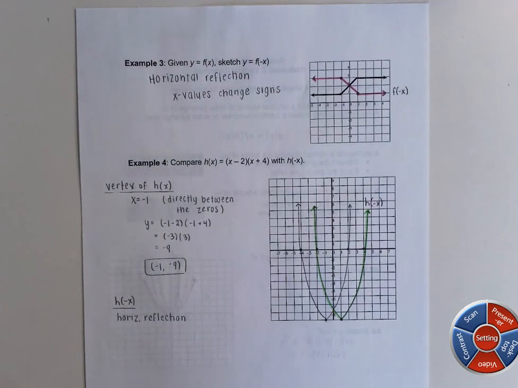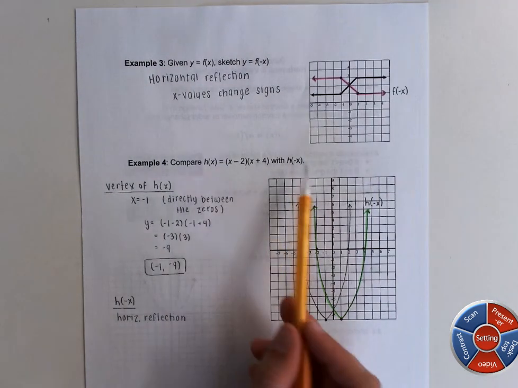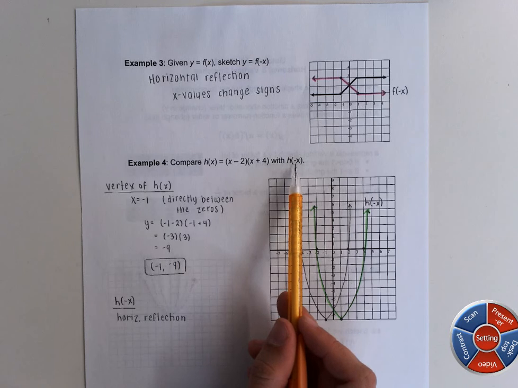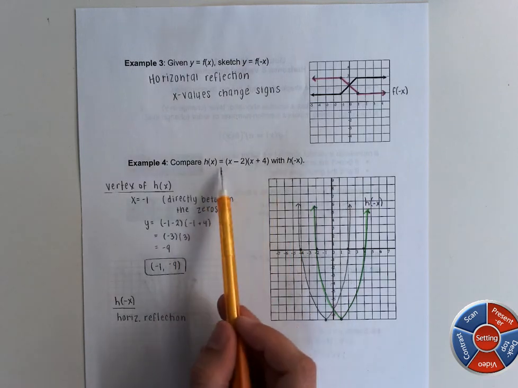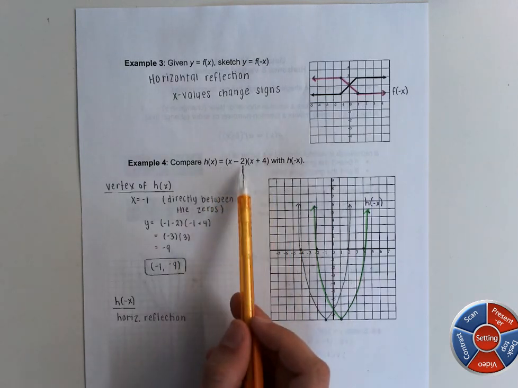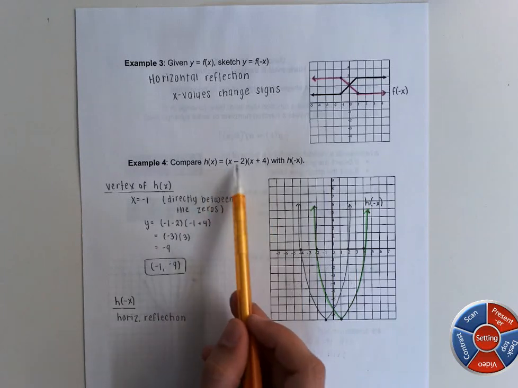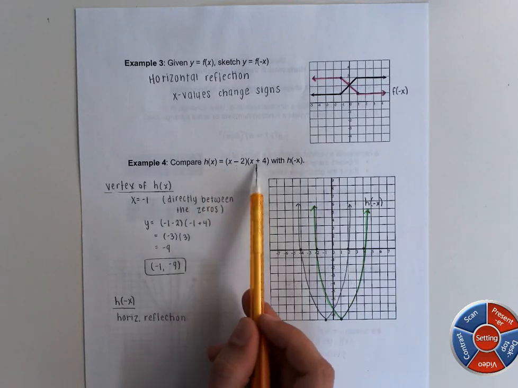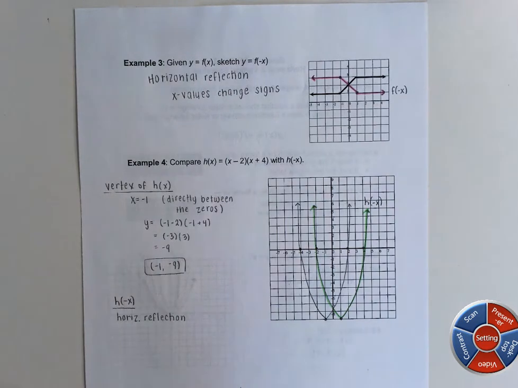The same is true with the next graph. Again, I'm going to ask for a horizontal reflection. In this case, I've given you a parabola that's written in factored form. Remember, this parabola, the original graph, has x-intercepts at 2 and negative 4. Those are here. But with most parabolas, we always want to draw our vertex as well.